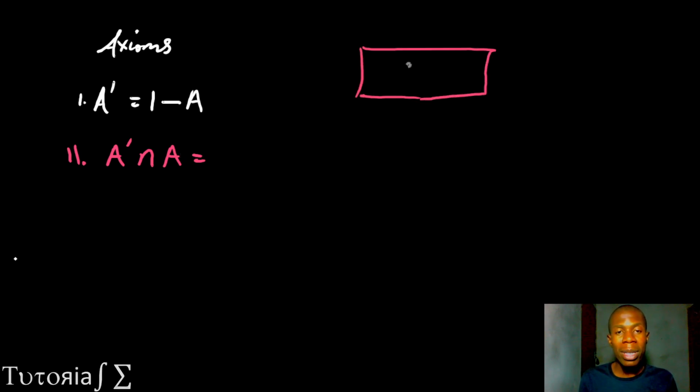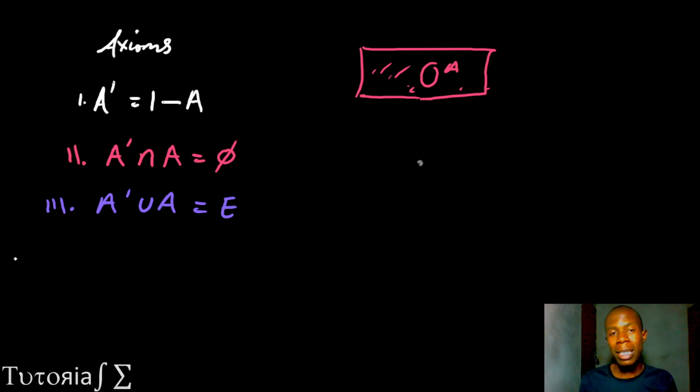A complement is outside here and A is here. What do they have in common? This gives you an empty set. Then axiom number three: if you have A complement union A, you're going to get the universal set.